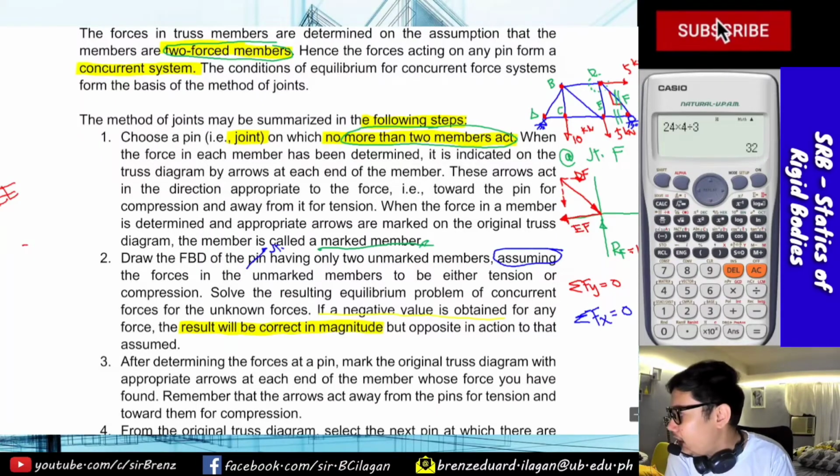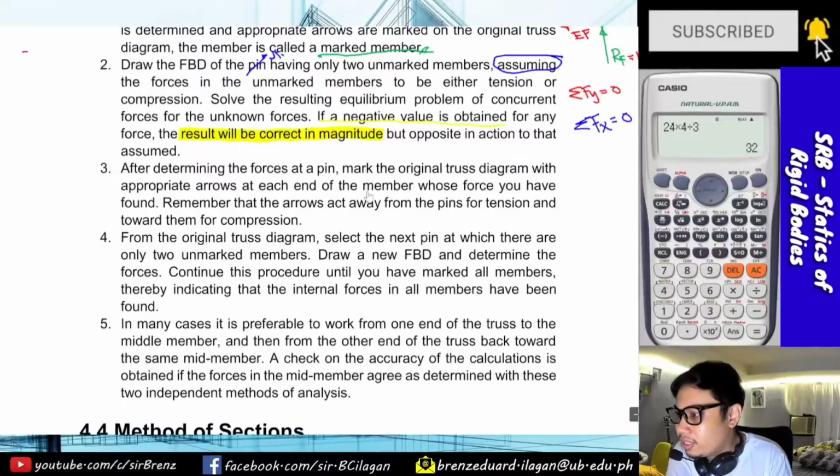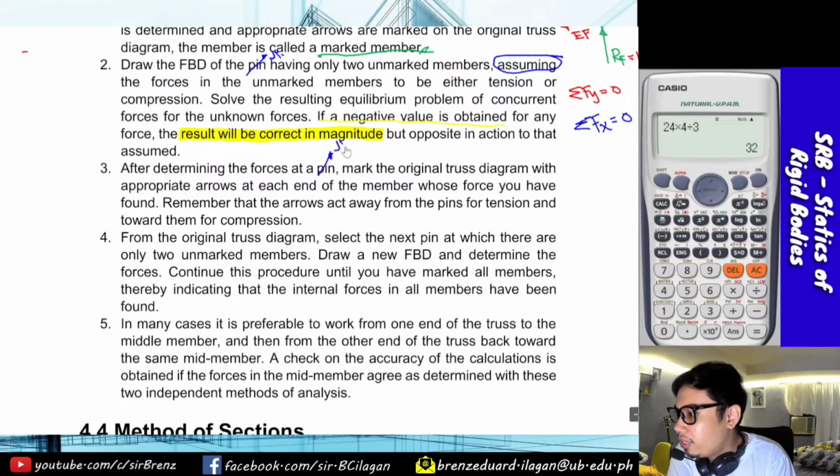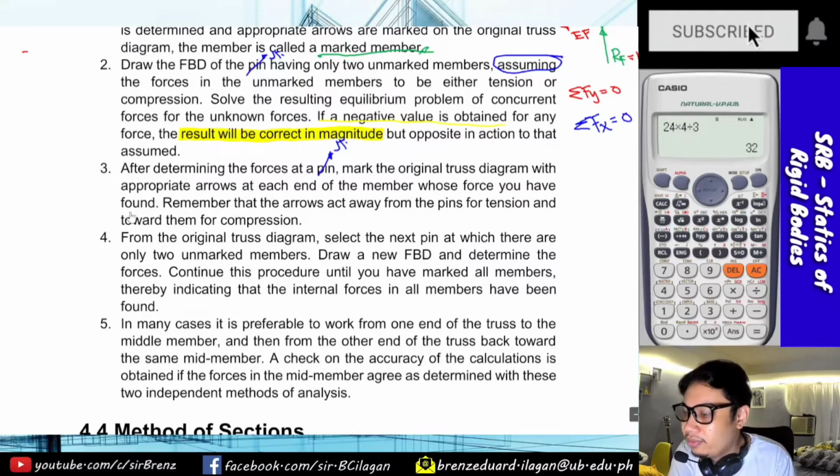Okay, next, for step number 3. So after determining the forces at a pin or at a joint, mark the original truss diagram with appropriate arrows at which end of the member whose force you have found. Remember that the arrows act away from the pin for tension and toward them for compression.